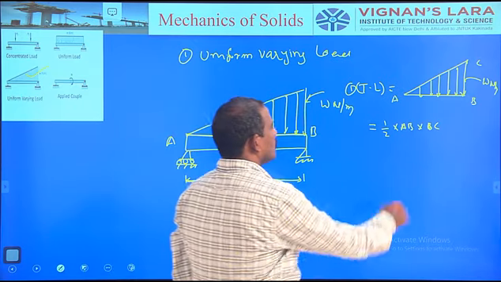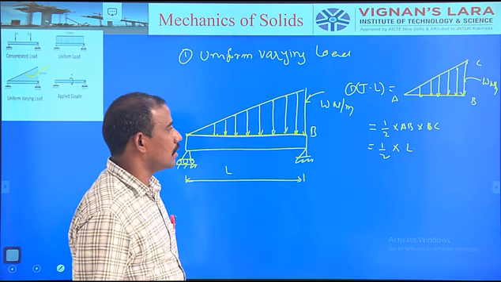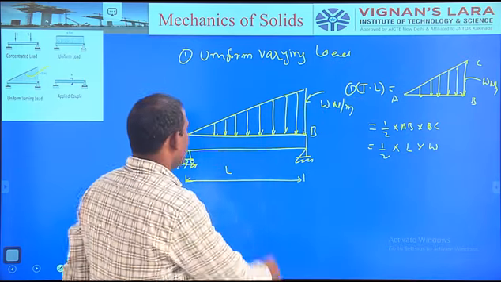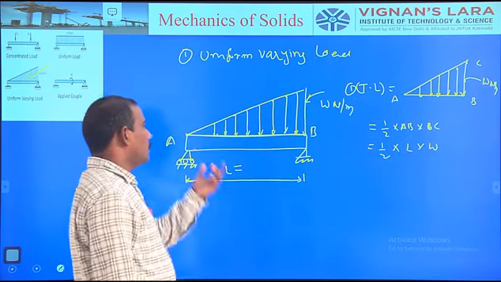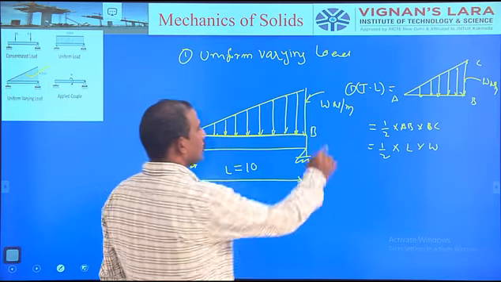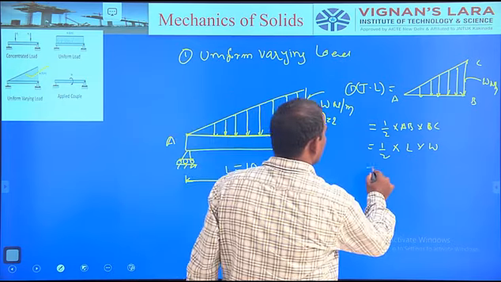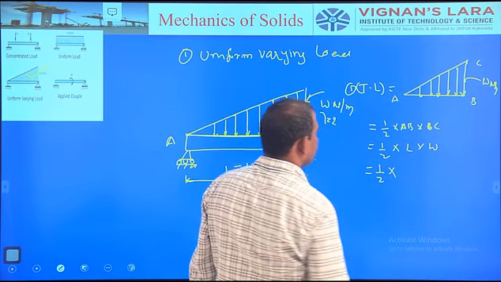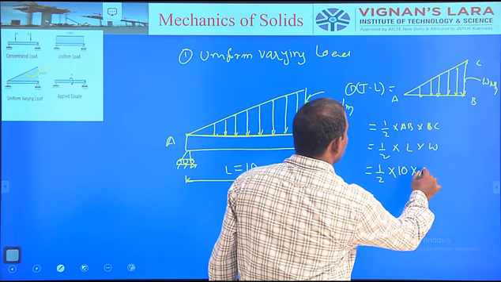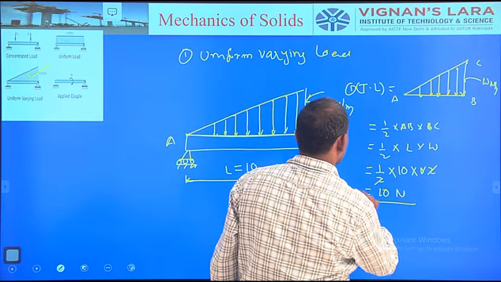That is equal to half into the length of the beam L, into the rate of load W. For example, the length over which the load is distributed is taken as 10, and the rate of load is taken as 2 kilonewtons. Finally, the total load is half into 10 into 2. So therefore the total load is 10 newtons. This is the total load.